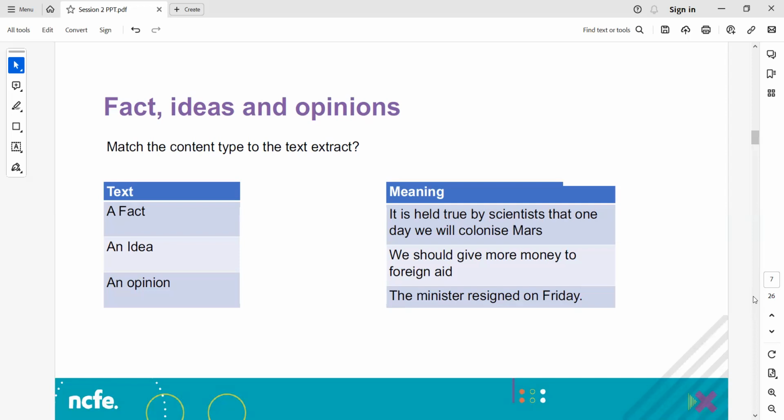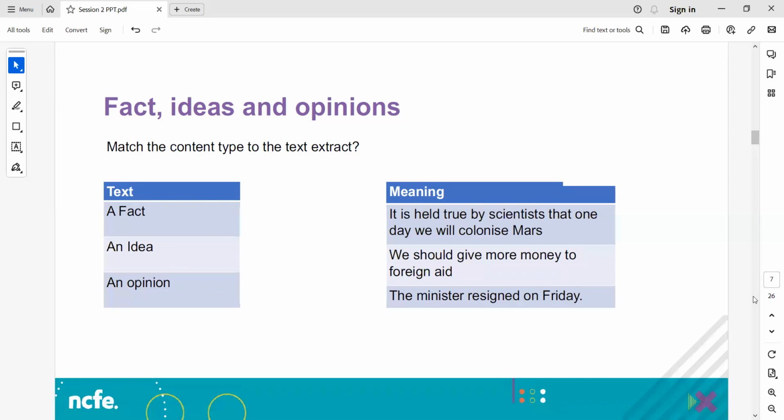It's an opinion. So it is held true by scientists. It's a fact, but it can be checked. So can we know for sure with absolute certainty that one day we will colonize Mars?